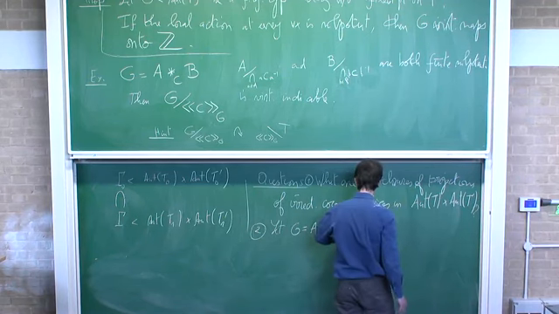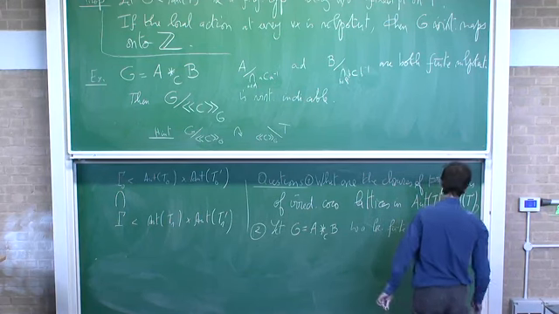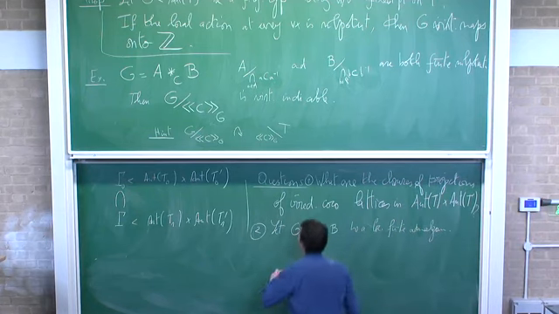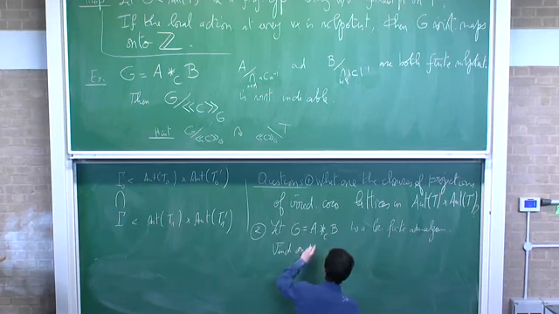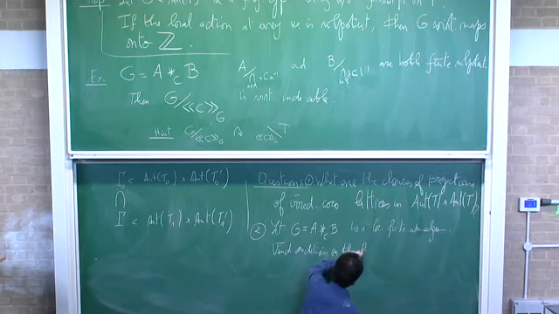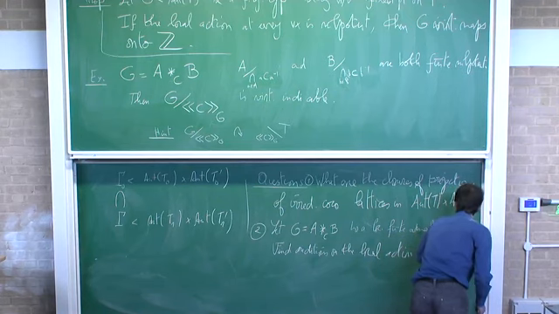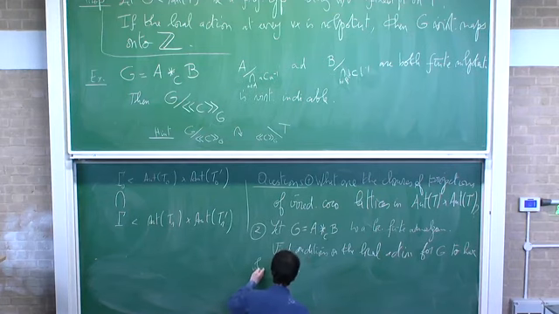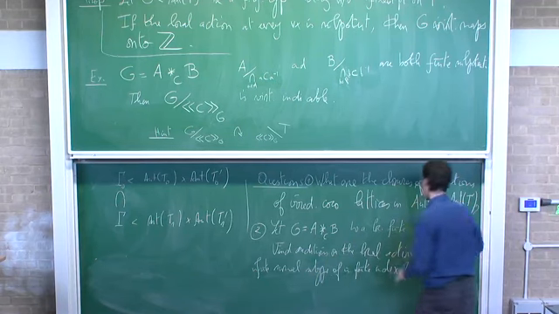So under fine conditions on the local action for G, you have infinite normal subgroups of infinite index.